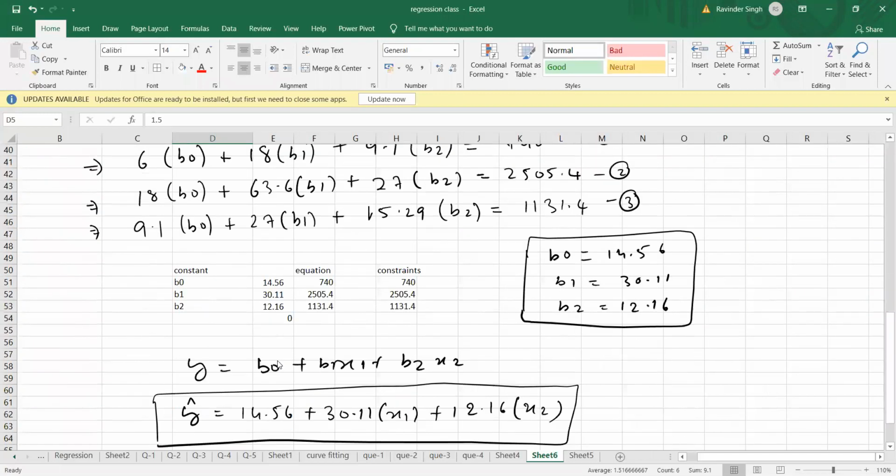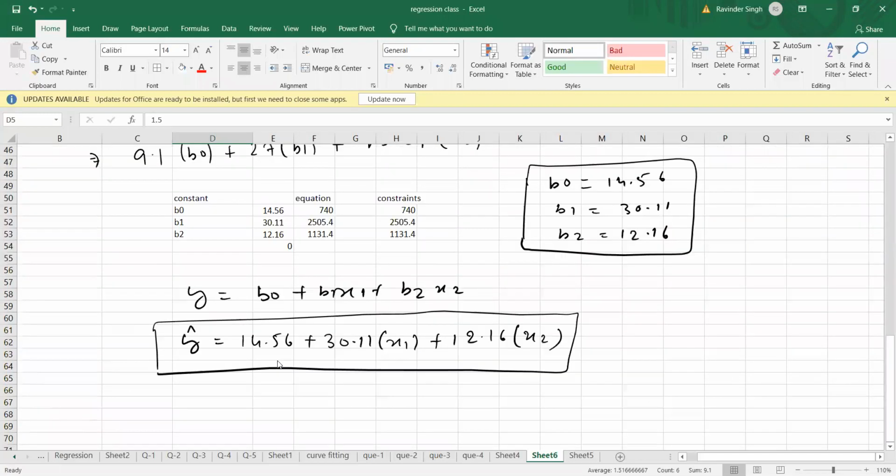Therefore your estimate will be 14.56 plus 30.11 into 3700 plus 12.16 into 2.6. So damage we have to estimate. Quickly we can calculate.